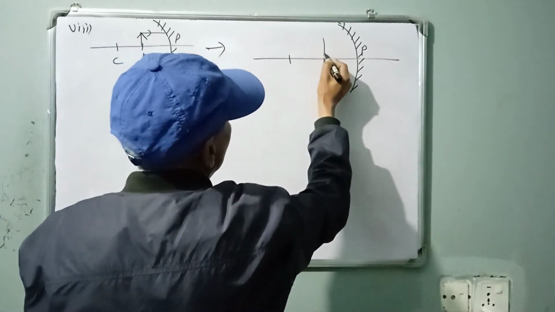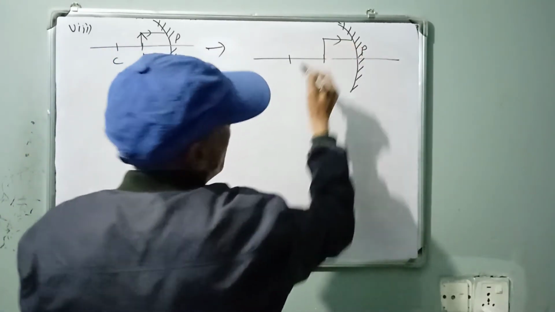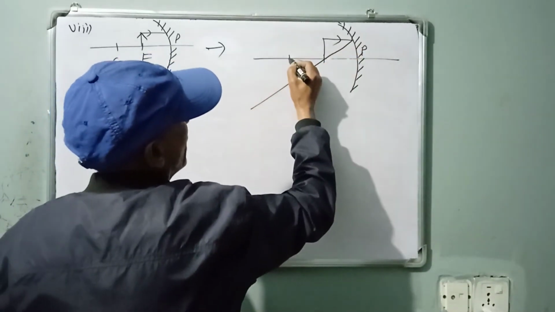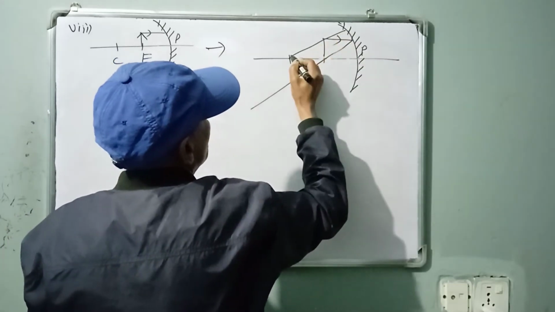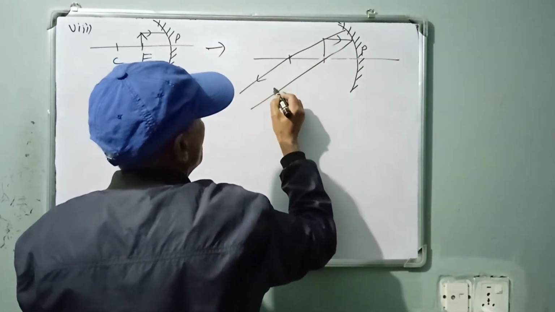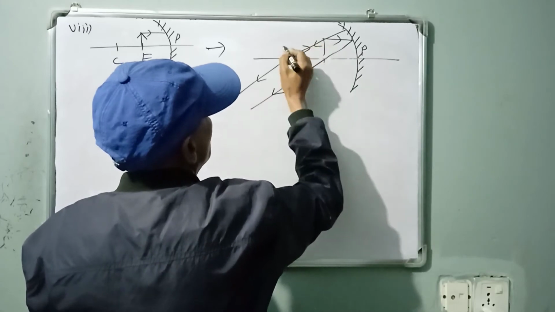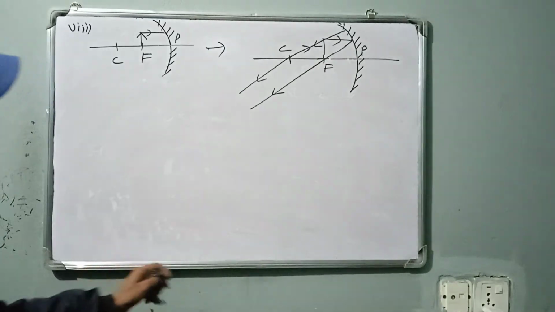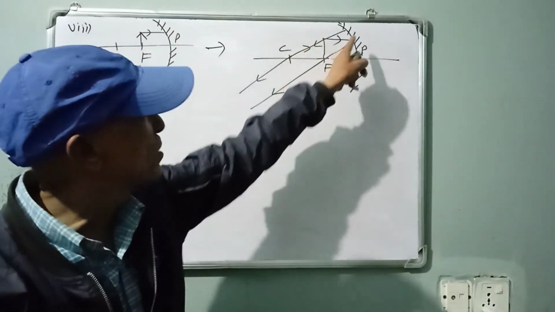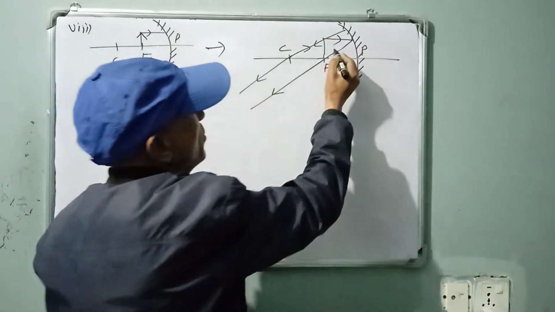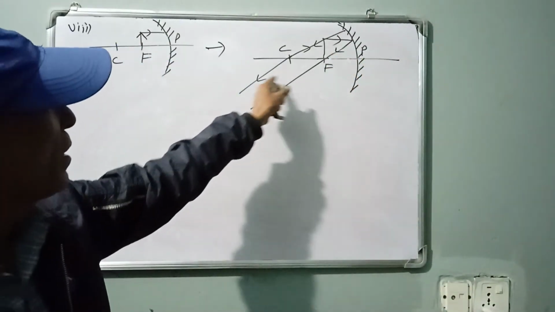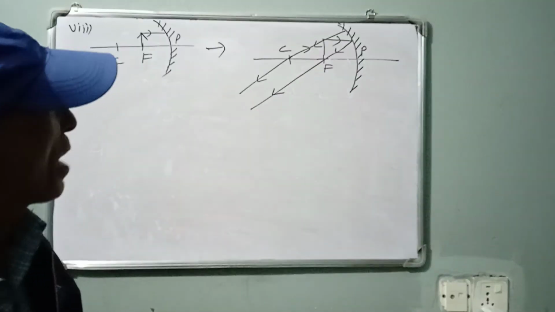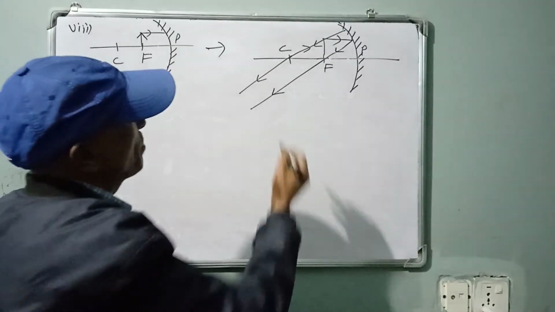See, a ray parallel to the principal axis passes through the focus and another ray which passes through the center of curvature will come back or retraces its path.